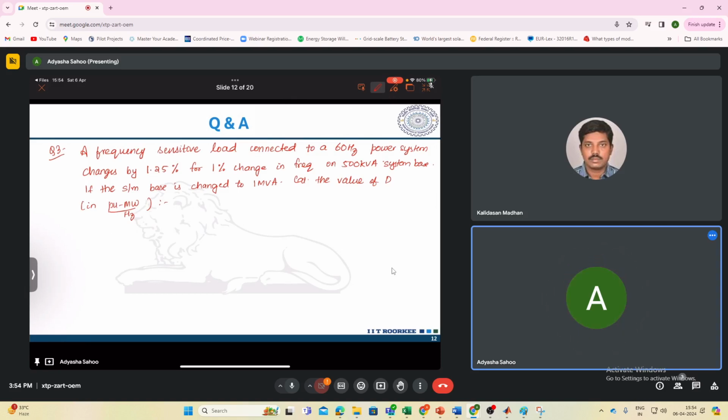So here, basically, D is the per unit change in load per percentage change in frequency, so percentage change in load divided by percentage change in frequency.